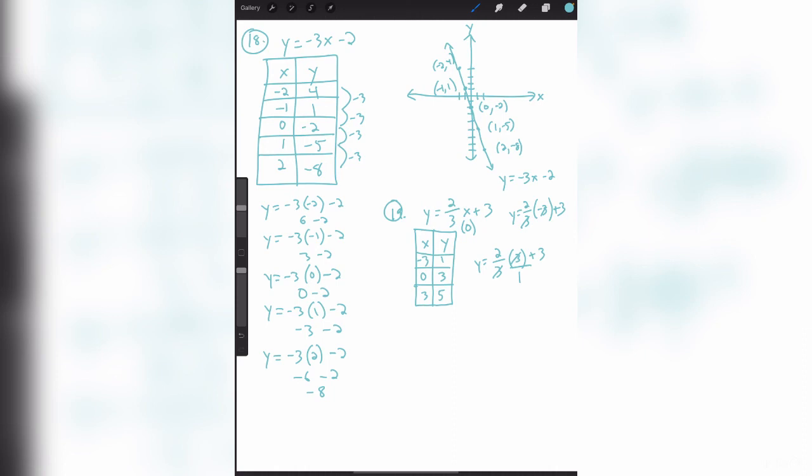All right, so now when I draw my coordinate plane, I have -3, 1, 2, 3, up 1. I have 0, 1, 2, 3, and I have 3, 1, 2, 3, 4, 5.